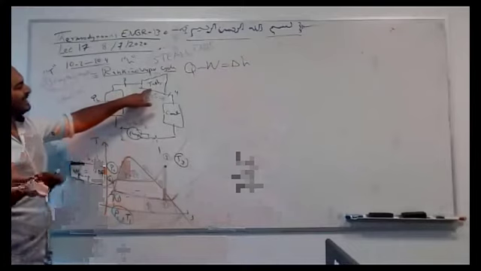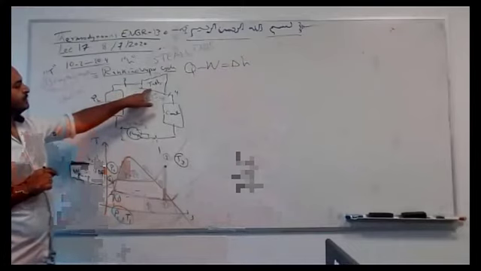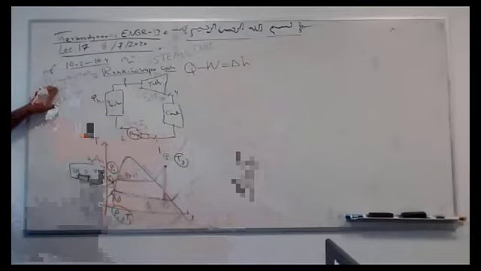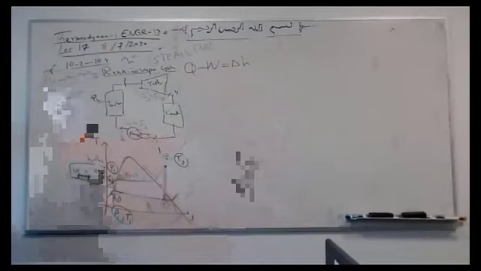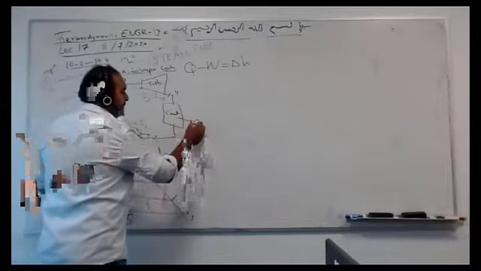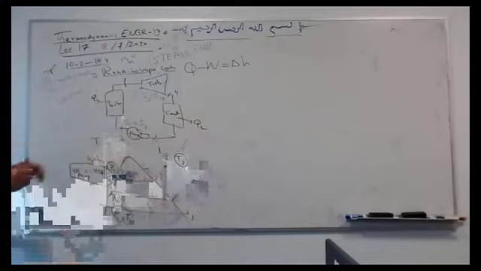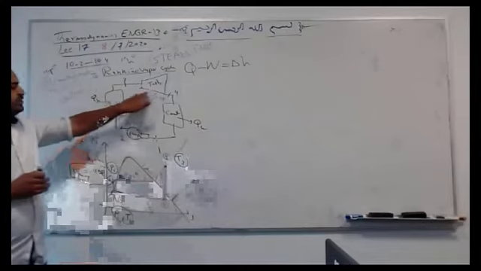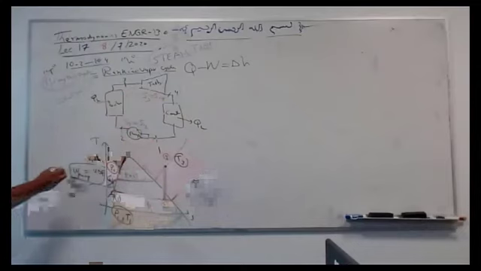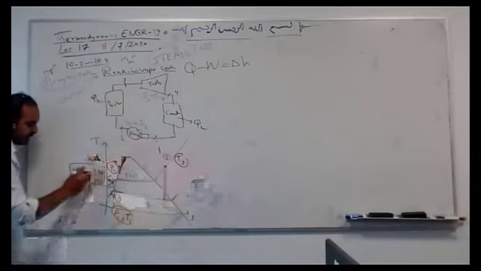Here, W equals delta H. Before, it was delta H, but delta H was delta T multiplied by C_P. Here it is delta H directly, without even saying C_P, using steam tables. Condenser, it's Q low, delta H. Here is delta H, here is delta H. W equals delta H. But for the pump, I can say delta H or VdP.